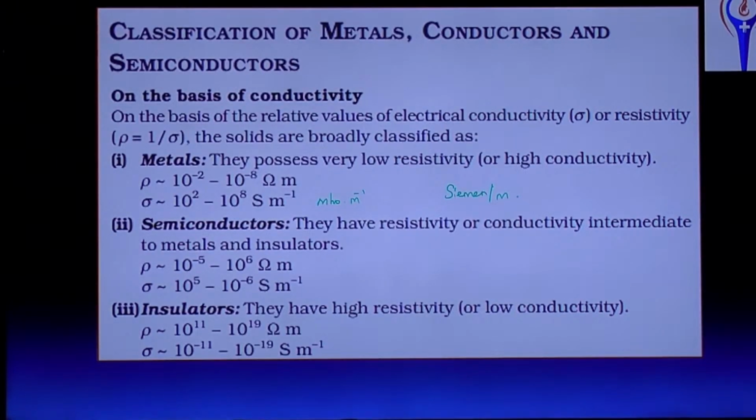Semiconductors are materials whose conductivity or resistivity is in between metals and insulators, that is, resistivity of 10 power minus 5 to 10 power 6 ohm meter, and conductivity of 10 power 5 to 10 power minus 6 S per meter.